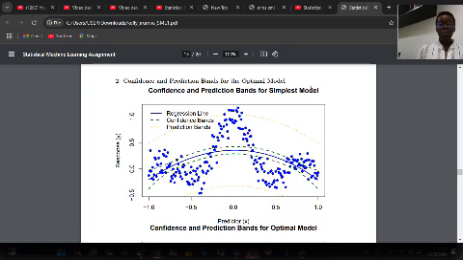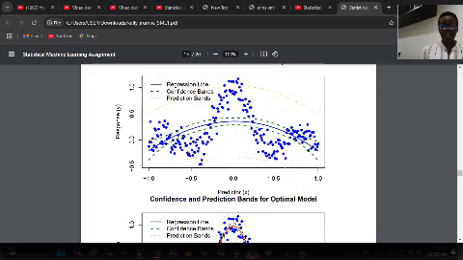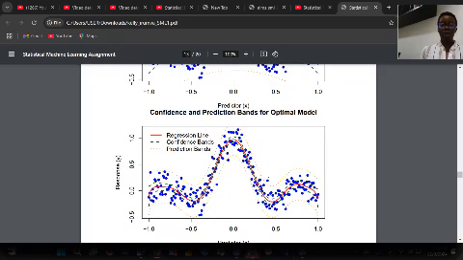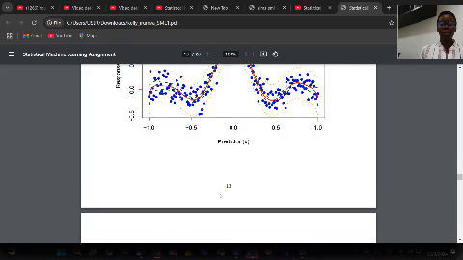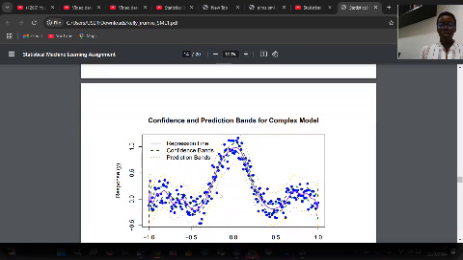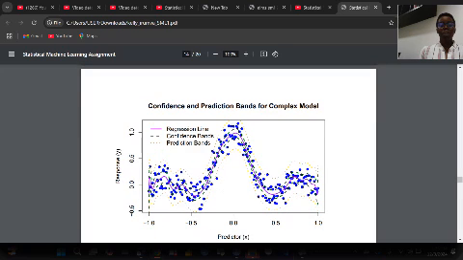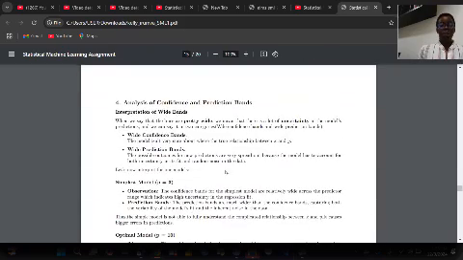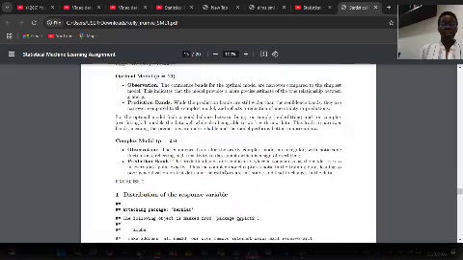For the simplest model, they are very wide, and for the optimal model, they are narrower, which is good. For the complex model, the confidence and prediction bands are not stable.